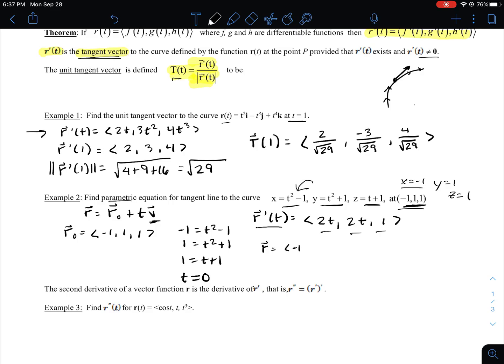So r0, so -1, 1, 1, plus t times the direction vector. I take t equals 0 and plug it into my derivative, and I'm getting 0, 0, 1. So my tangent line in parametric form is x equals -1 plus 0t. You don't have to include that, but I'm being fancy. y equals 1 plus 0t, and then z equals 1 plus 1t. Ta-da, there it is.